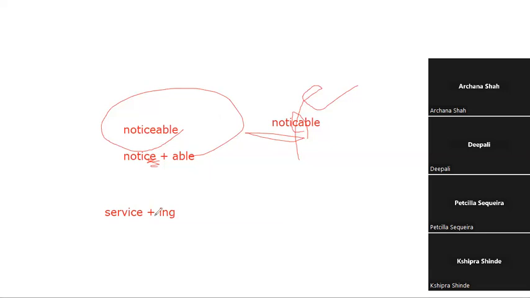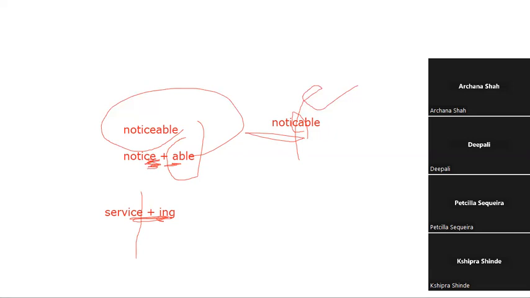So here we can remove this E because I is also soft C. I will also give the soft C pronunciation. CI is also the sound of letter S. But when you have a suffix starting with A, O or U, then you will have to keep E for the soft C sound. Okay.